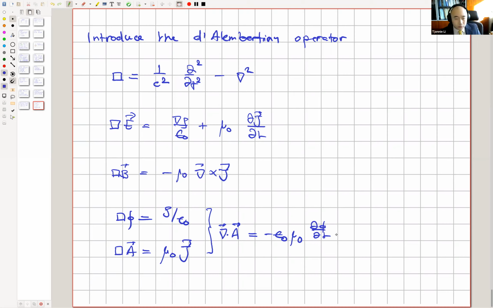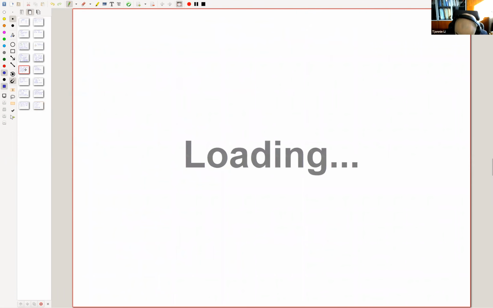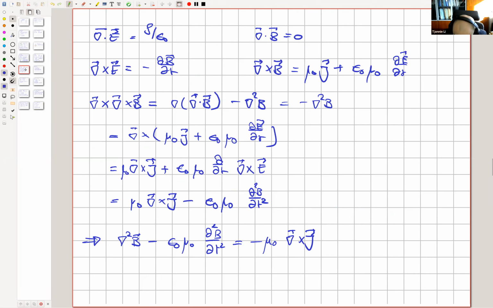Okay. So indeed, we have now arrived at just using Maxwell's equations, right? Because again, recall that we simply started with Maxwell's equations.